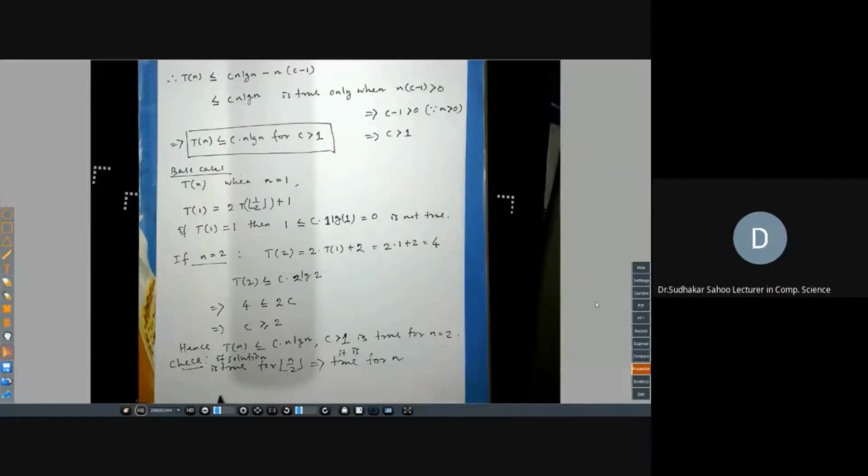And it's true for 2, so this implies it is true for its double, 4, and because it's a floor function, it is also true for 5.